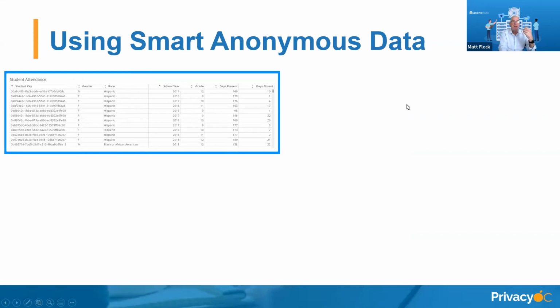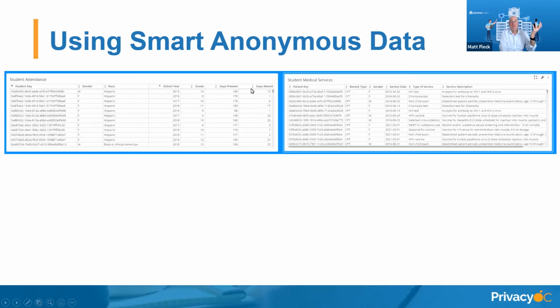What's really behind here? So with smart anonymous data, this is the data that you would see looking at the actual data behind the student's attendance. There is the gender, race, school year, what grade are they in, how many days were they present, and how many days were they absent. On the other hand, you've got the same thing, or similar anonymous data, of the type of things for the healthcare services.